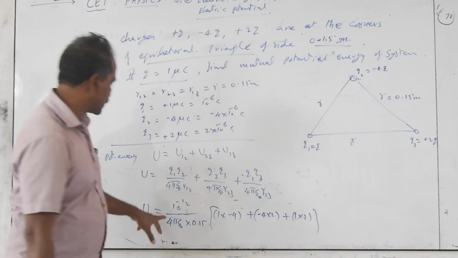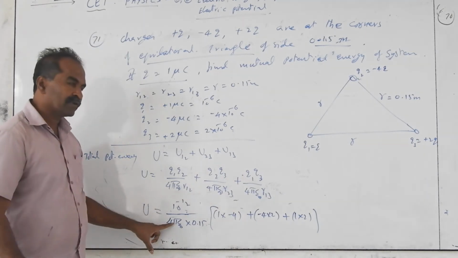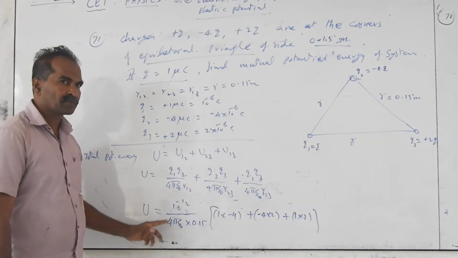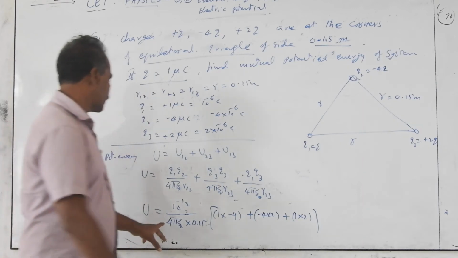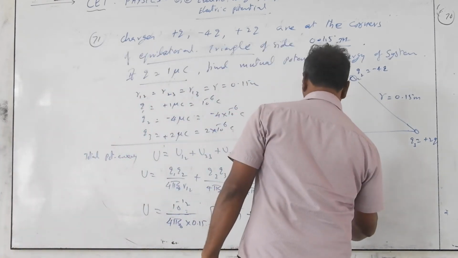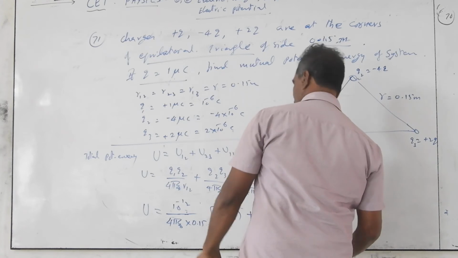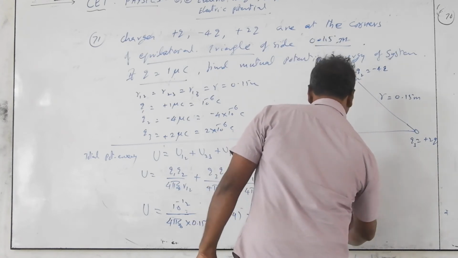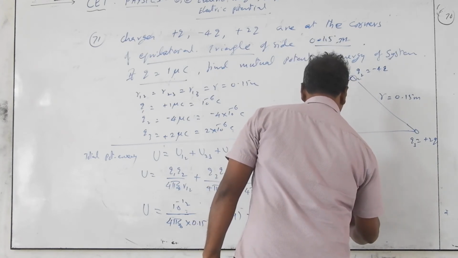The result, this is 9 into 10 to the power of 9. Sometimes when you use the symbol only, you leave it with the symbol. If values are given, you put the values. So I am writing this equal to 10 to the power of minus 12 into 9 into 10 to the power of 9.